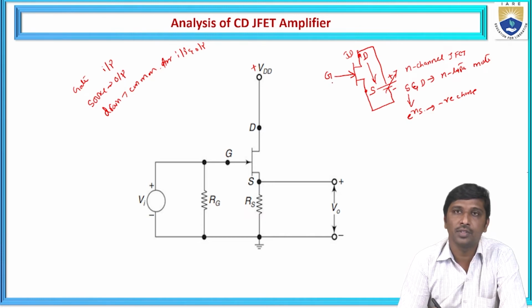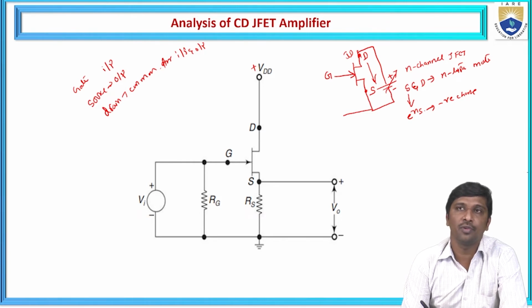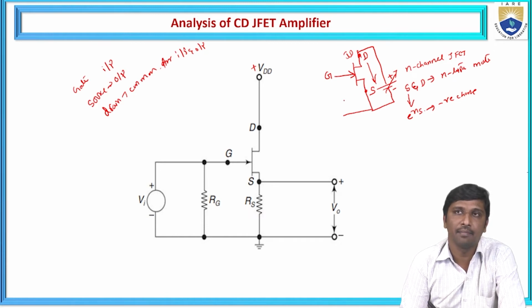Coming to the input side, internally we require a biasing voltage. If you want to control or limit the flow of drain current, we need to apply a biasing voltage.